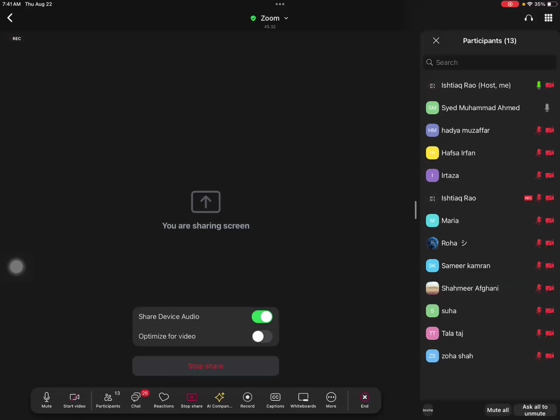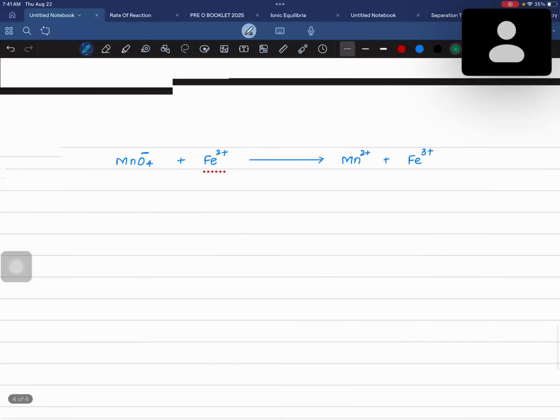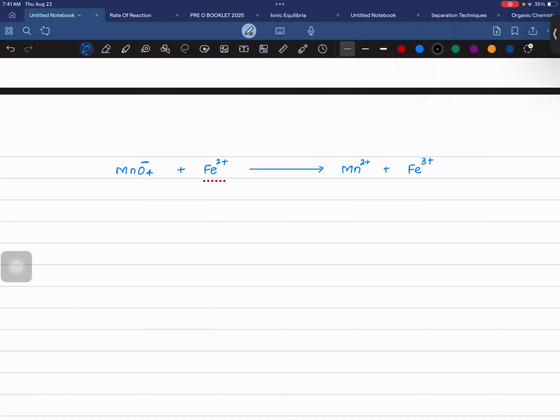I'm sharing my screen, no worries. I'm going to split this equation into two halves, I mean into oxidation and reduction. Let me explain this.